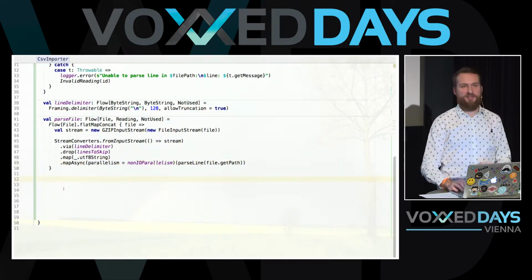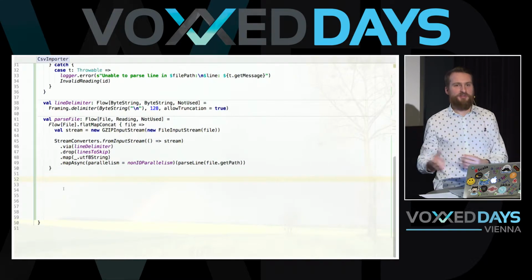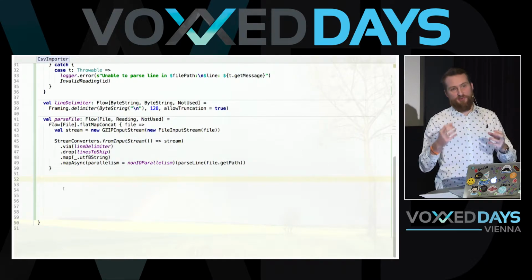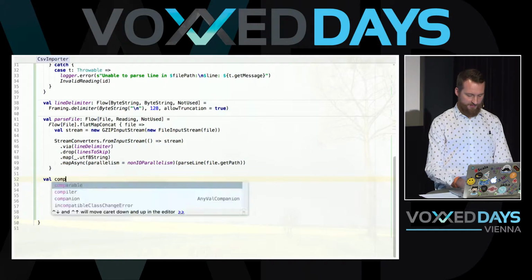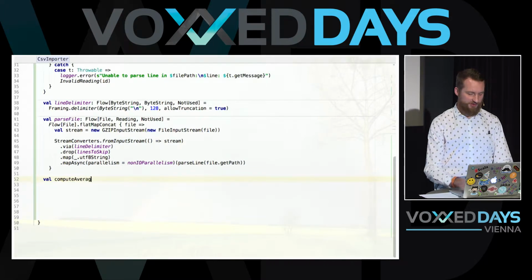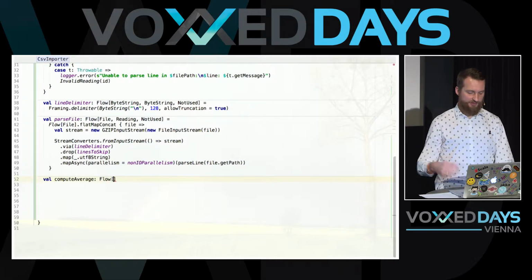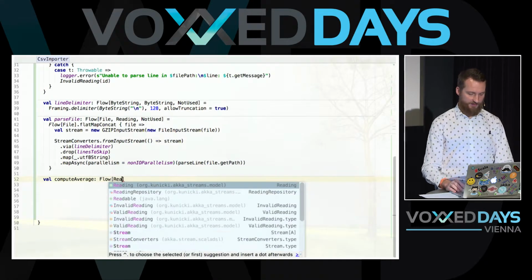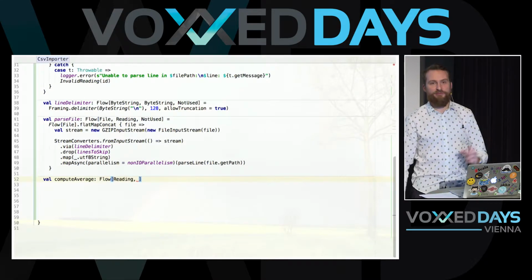So having a stream of our readings, we're able to group them by 2 and then compute the average. This is going to be the next processing stage, called compute average. Once again, it's going to be a flow. It would take a reading, and the output value would be a valid reading.